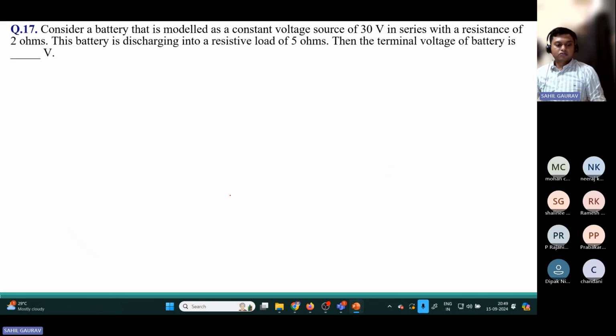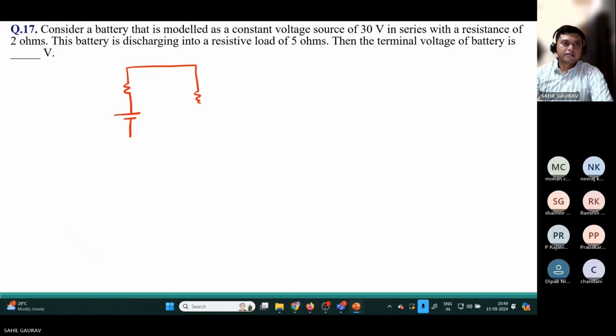Consider a battery that is modeled as a constant voltage source of 30 volt in series with 2 ohm. The battery is charging a resistive load, then the terminal voltage of the battery will be? So it is also very simple. Load is 5 ohm, internal resistance is 2 ohm.